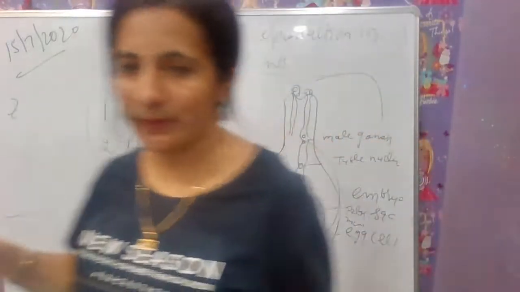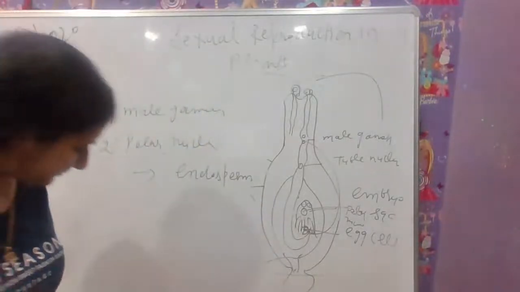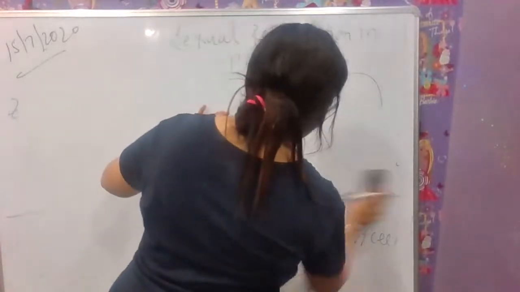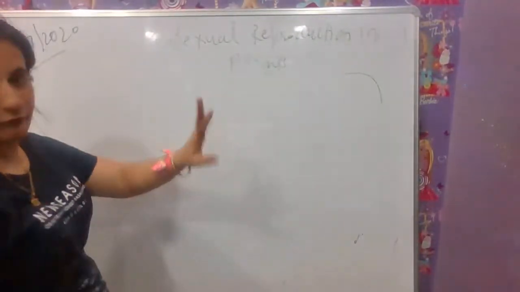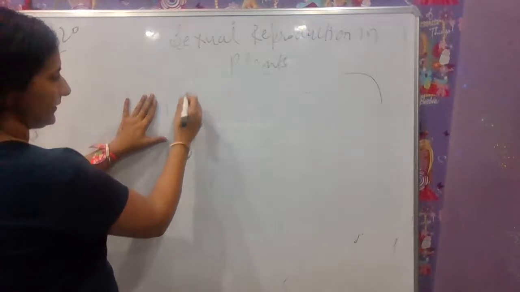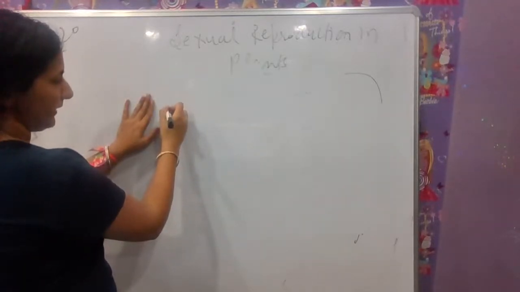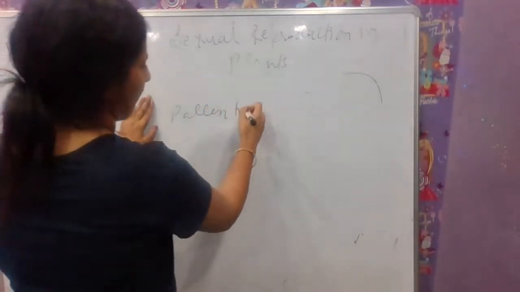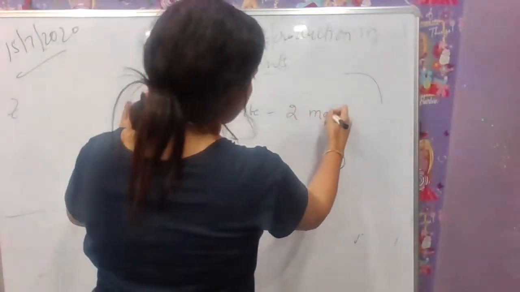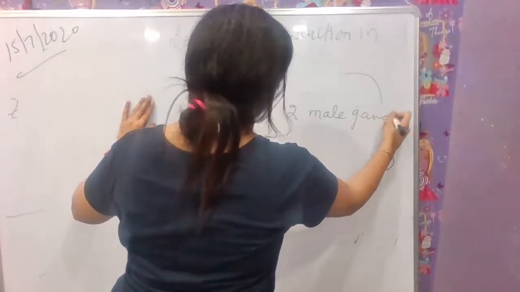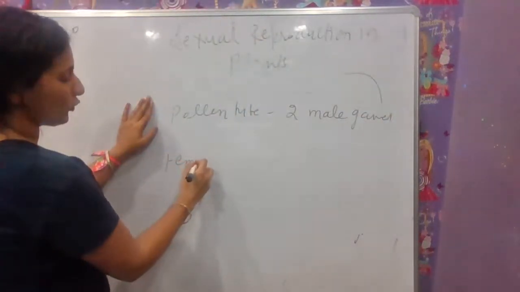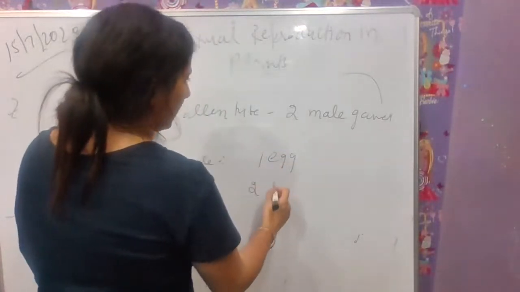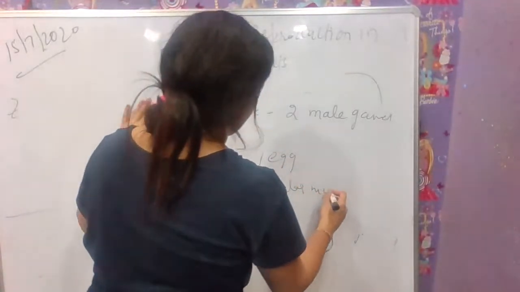Again, I am repeating this topic because it is very, very important. Let me repeat it again. See, the anther or pollen tube consists of two male gametes and the female part consists of egg cell and two polar nuclei.